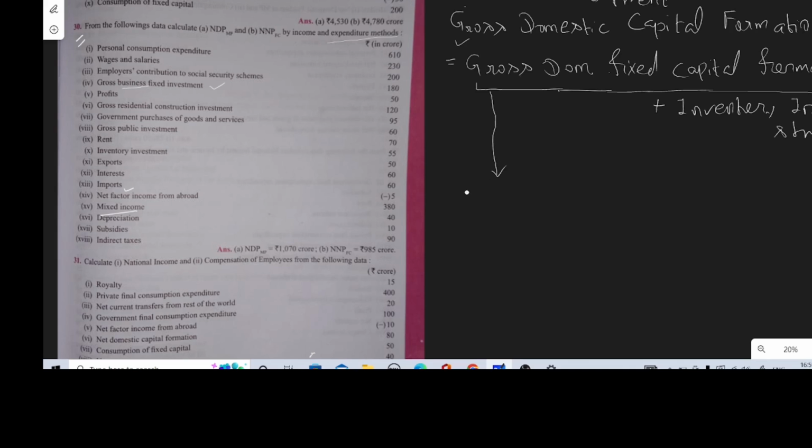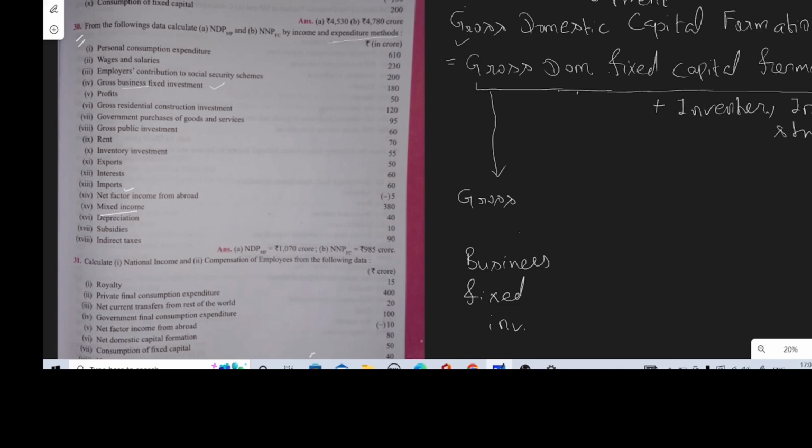So fixed investment by the business or by the firms is named as gross domestic business fixed investment, or we can simply write gross business fixed investment. We can use domestic word or we can not use, that is not necessary to be written. Okay, gross business fixed investment. This is the fixed investment by the firms.